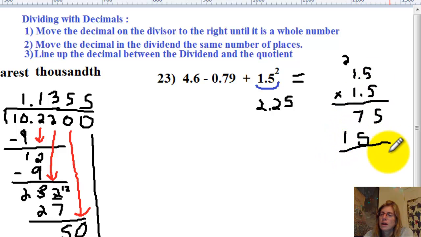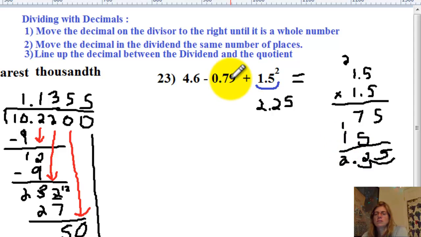So we add that, and we get 225. Well, how do we get 2.25? Because this number has 1 decimal place, this number has 1 decimal place. So we add them together, 1 and 1 is 2, which means we move the decimal 2 places over to give us 2.25.